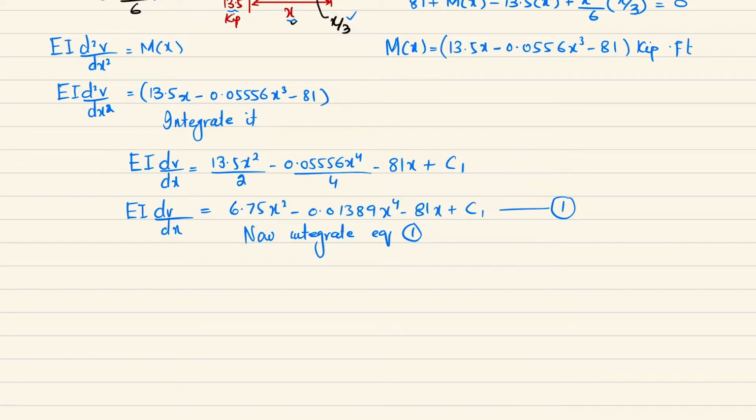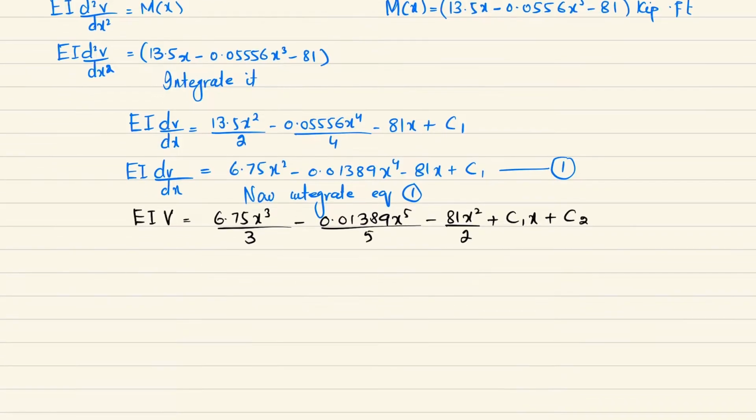When you integrate, you will get EI into v is equal to 6.75 x cube over 3 minus 0.01389 x to the 5 over 5 minus 81 x square over 2 plus c1 x, and there is another constant of integration, which is c2.